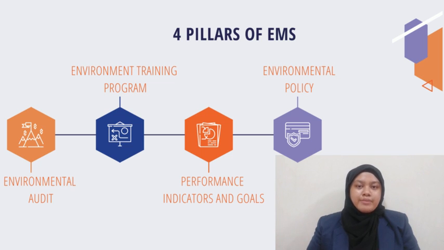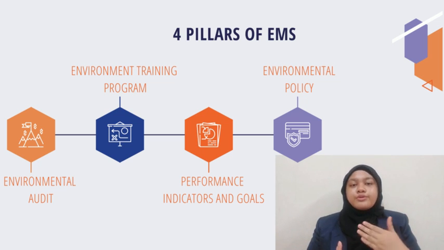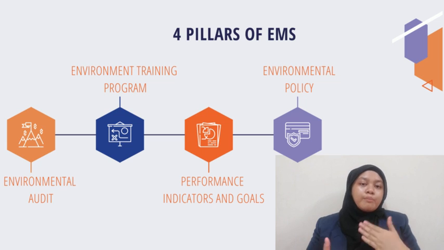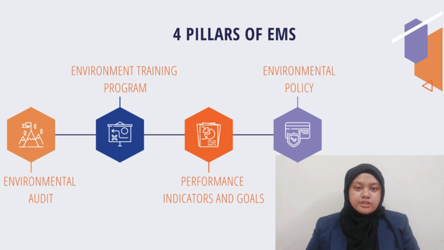The third pillar of EMS adoption is the environmental training program. It symbolizes the adopters' effort to guarantee that their staff members have the appropriate knowledge and are on the same page with regard to organizational environmental concerns. The primary goal of the training program is to create the knowledge and skills required to guarantee that all organizational activities comply with the relevant environmental laws and regulations.